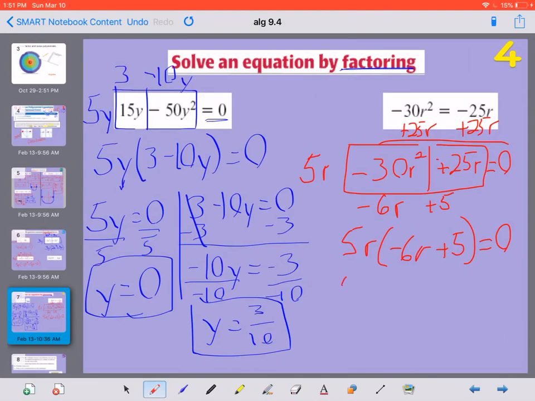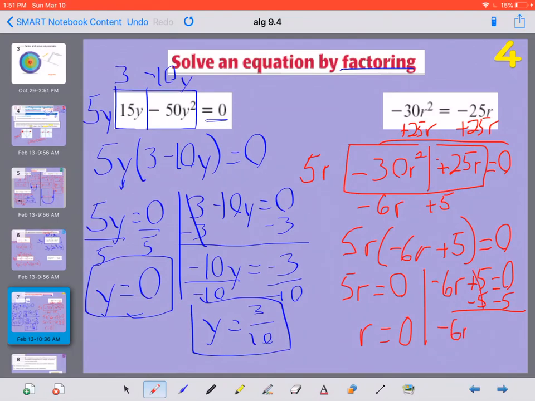Which then would give us 5r equals 0 and negative 6r plus 5 equals 0. So here if we divide by 5, our r is going to be 0. Here we need to subtract 5.